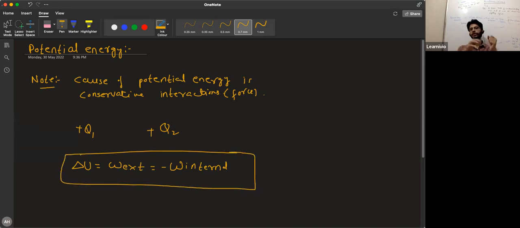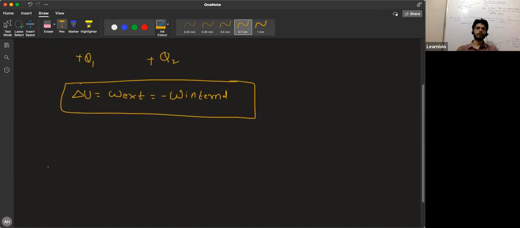This is how we derive potential energy in physics. We take the work done by external force from one point to another. That work done will be equal to the potential energy difference. Or if you are calculating work done by internal forces, then the negative of that work done will be equal to the potential energy difference. So let's calculate the potential energy of a system of 2-point charges.